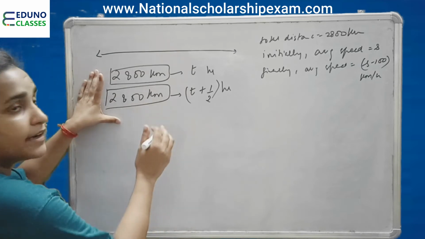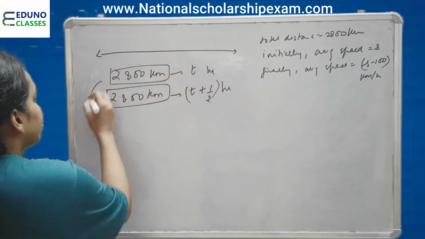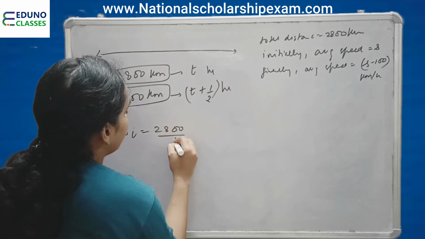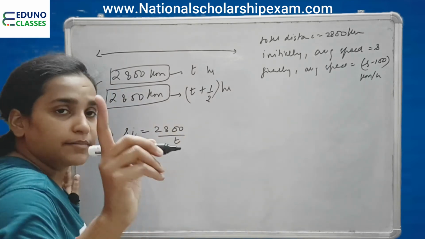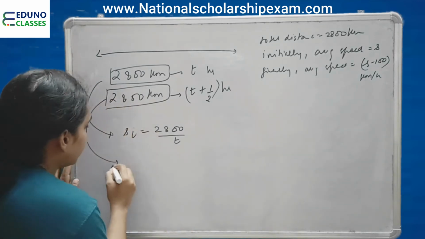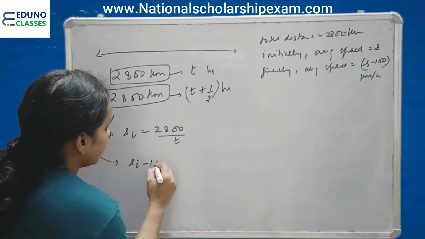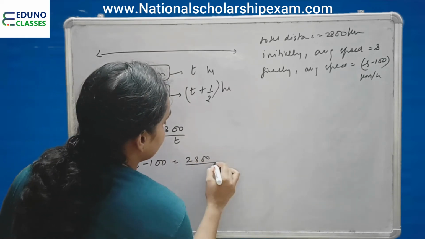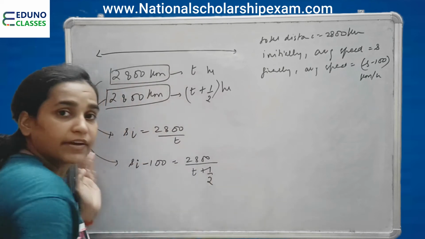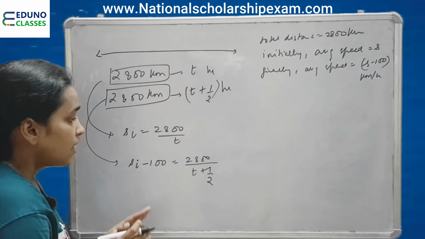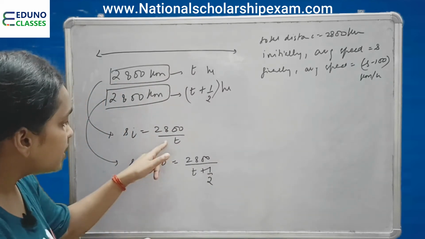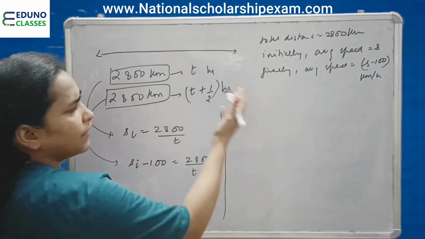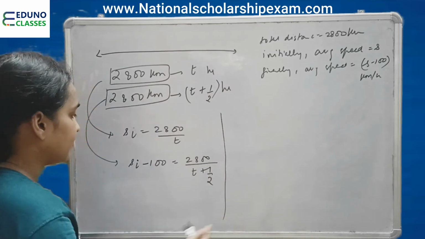So 2800 km was travelled in T, then the initial speed SI was 2800 by T, but due to some weather conditions, the final speed became S initial minus 100, and the time increased by half an hour, right? So now we have to replace any one of the values, either T or SI. We have to find the speed and time taken both.